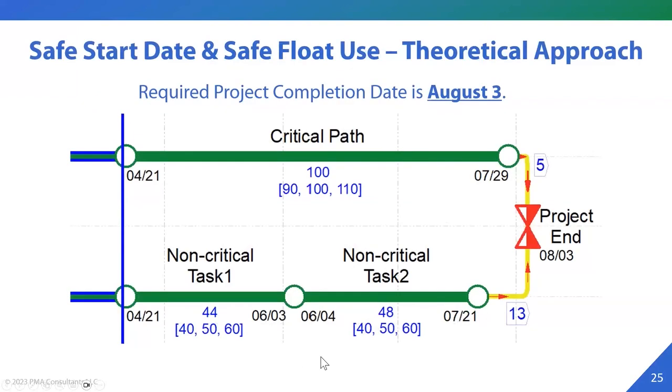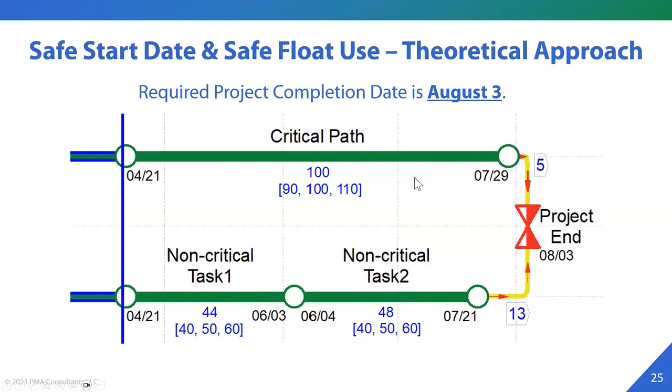Okay, so over here now I'm going to show a theoretical approach on how you can calculate safe floats, but I will mention why this is a very limited approach. So the idea behind the calculation of safe float is pretty simple.